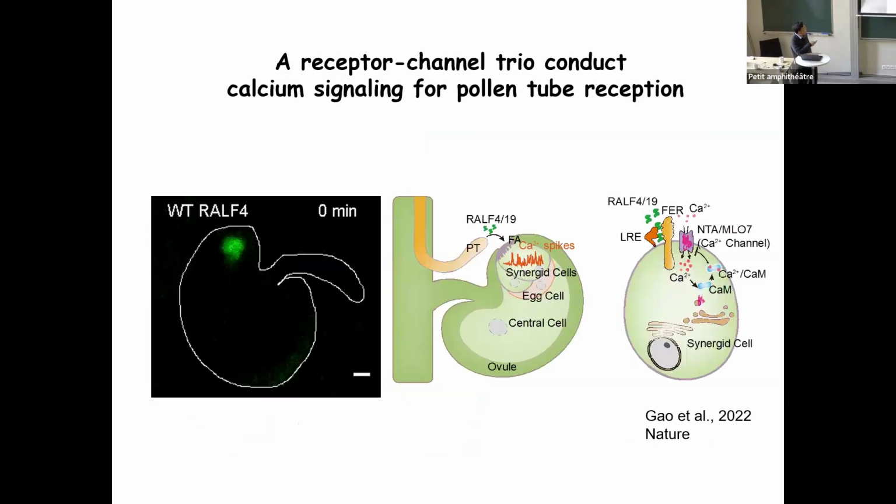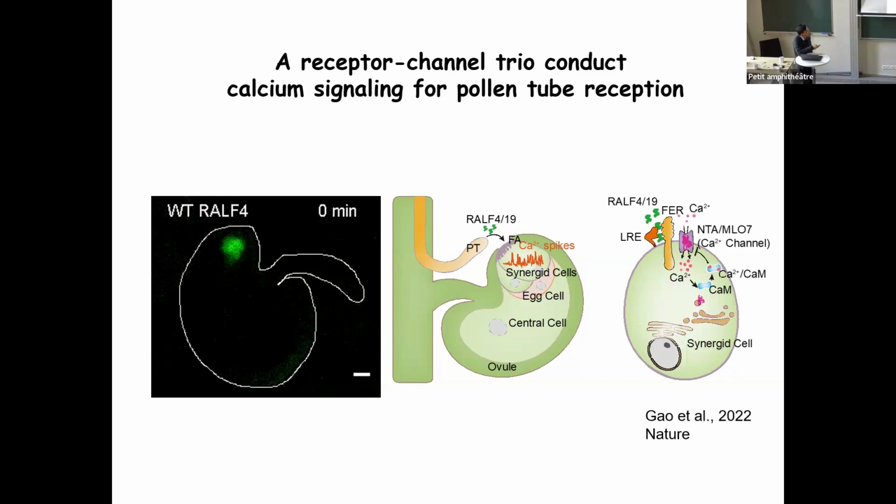So when the pollen tube reaches the ovule, right? There's a gatekeeper cell, we call it the synergid cell, that actually senses the RALF peptide released from the pollen tube and produces a calcium oscillation. Now this oscillation, at a molecular level, is due to the binding of RALF with FERONIA and LRE receptors.